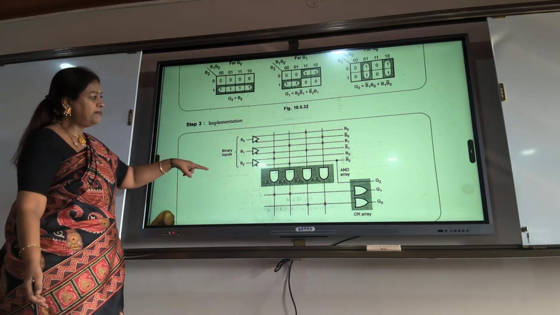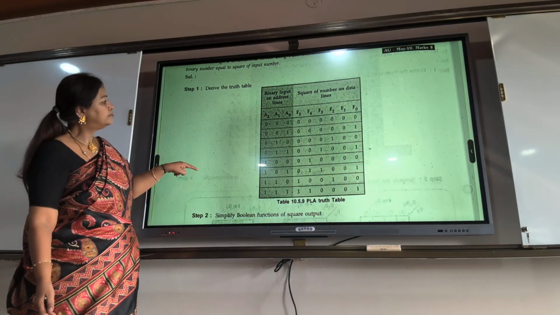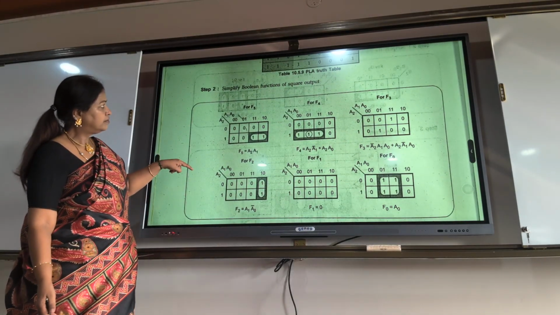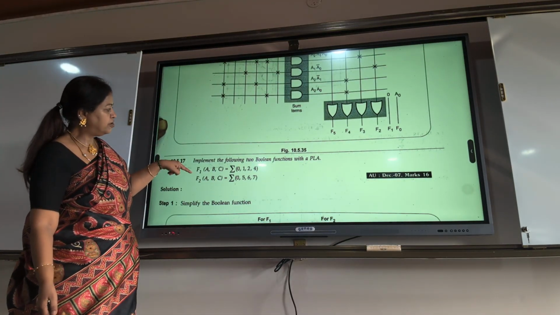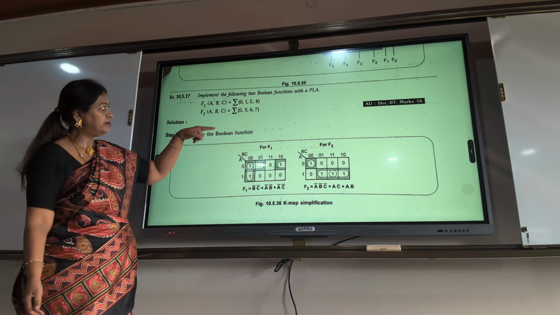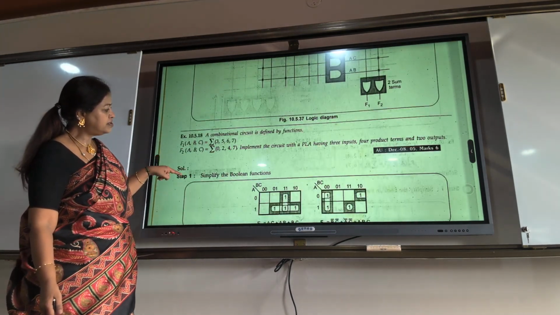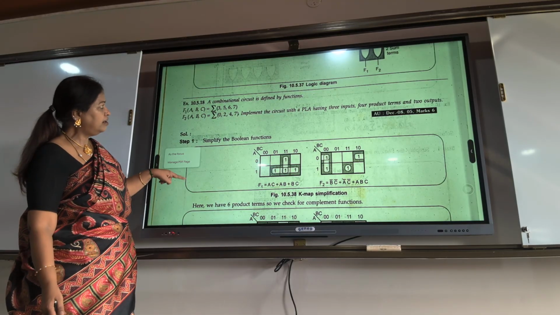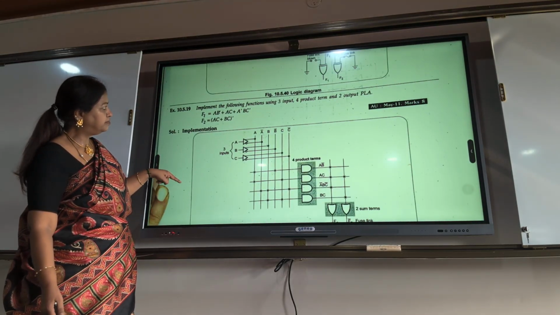So I'll draw the K-map, get the terms, then program it. All are the same using PLA. Take the K-map, get the terms, draw the table, and then draw the diagram.